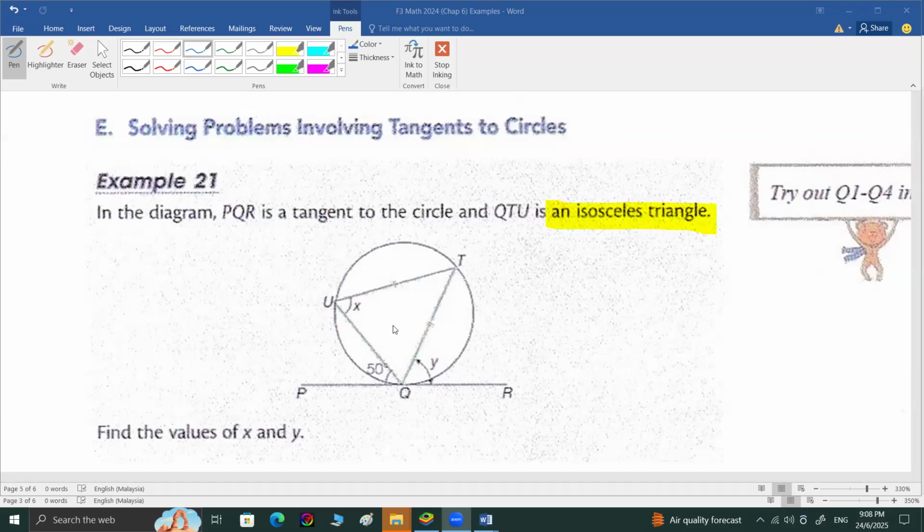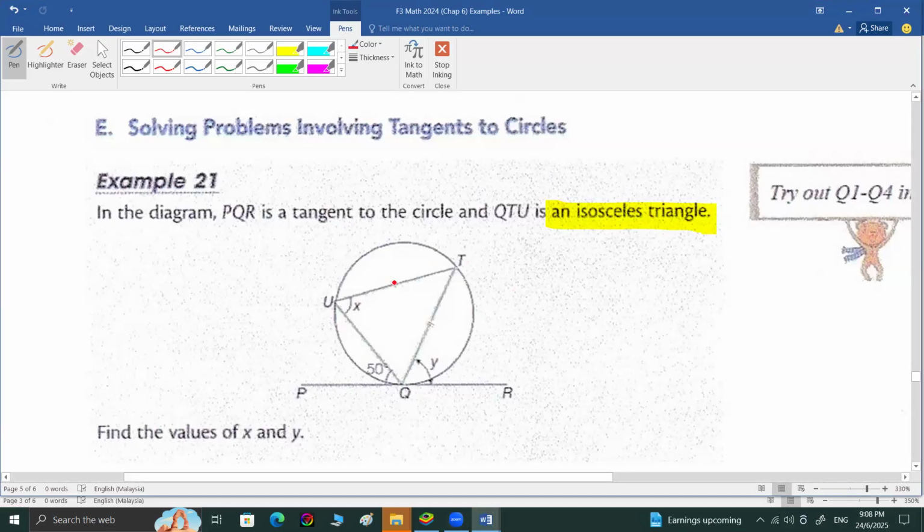And look at this. More or less the same. But you are given this, an isosceles, not that clear here. Okay, this is isosceles. What can you understand for the isosceles? These two angles are the same, right? The base angles are the same. When you see the isosceles, you know that the base angles are the same.